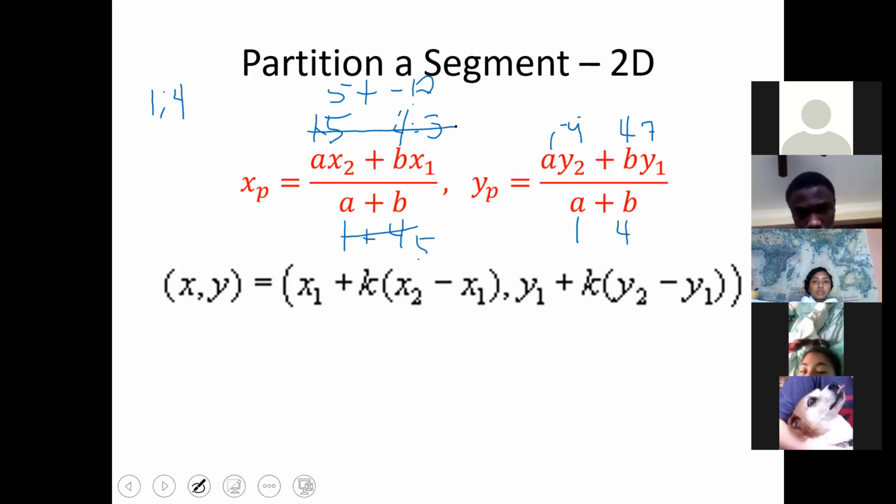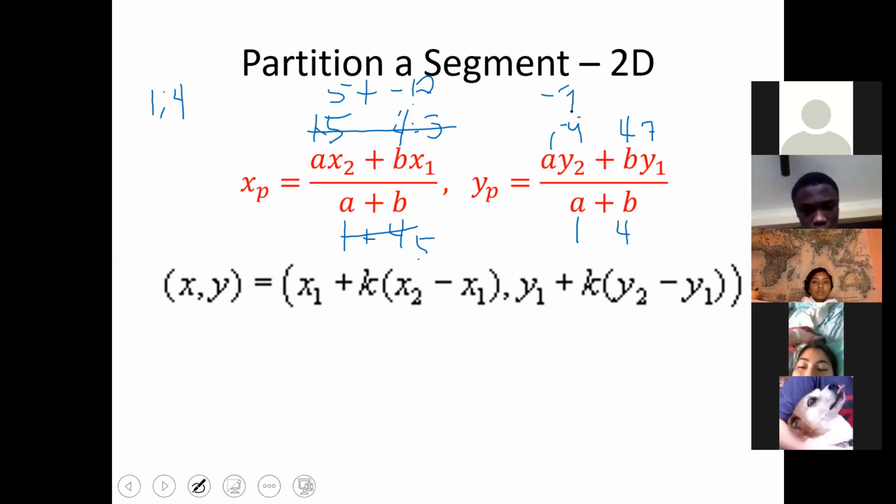So 5 minus 12 is what? -7. -7/5. That's a weird point. And then 1 times -9, that's -9.